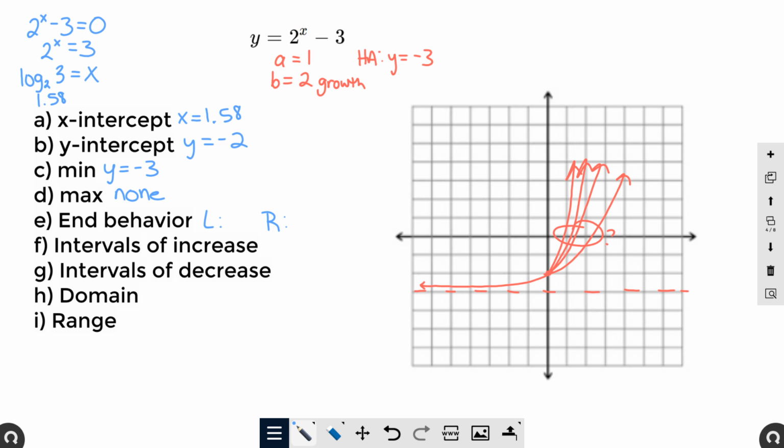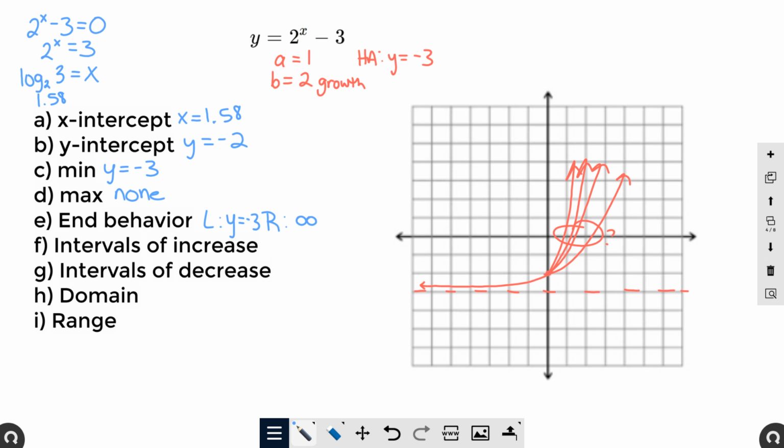So the left side levels off at y equals -3, but the right side goes up to infinity. So this gets switched from the last problem because the growth and decay switched.